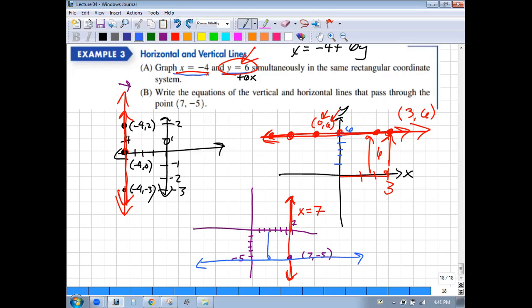No matter what x is, no matter how far to the right or left we go, we are going down 5. So the horizontal line is just y equals -5. The vertical line is just x equals 7. The x and the y values from the point they gave us. Does that make sense? Kind of? All right.